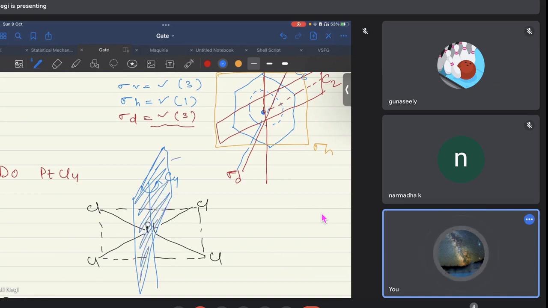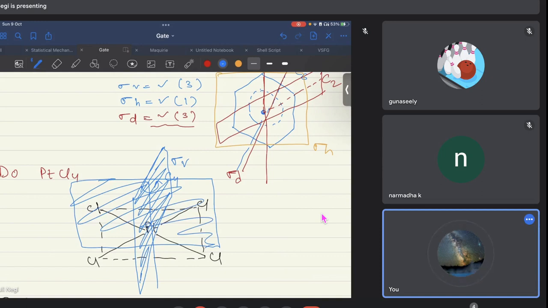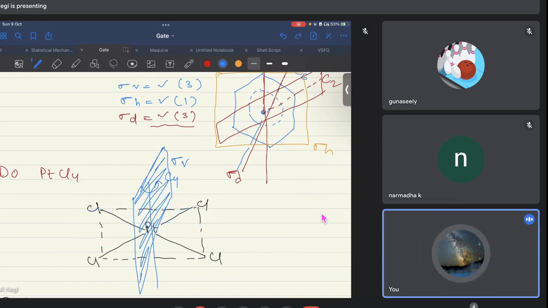If I say this will be sigma v. Why? Because it will contain the principal axis and is vertical to it, and this will reflect the whole molecule again, and hence it is a sigma v. So this is one sigma v. Another sigma v will be something like this. Correct. And so sigma v is present here.